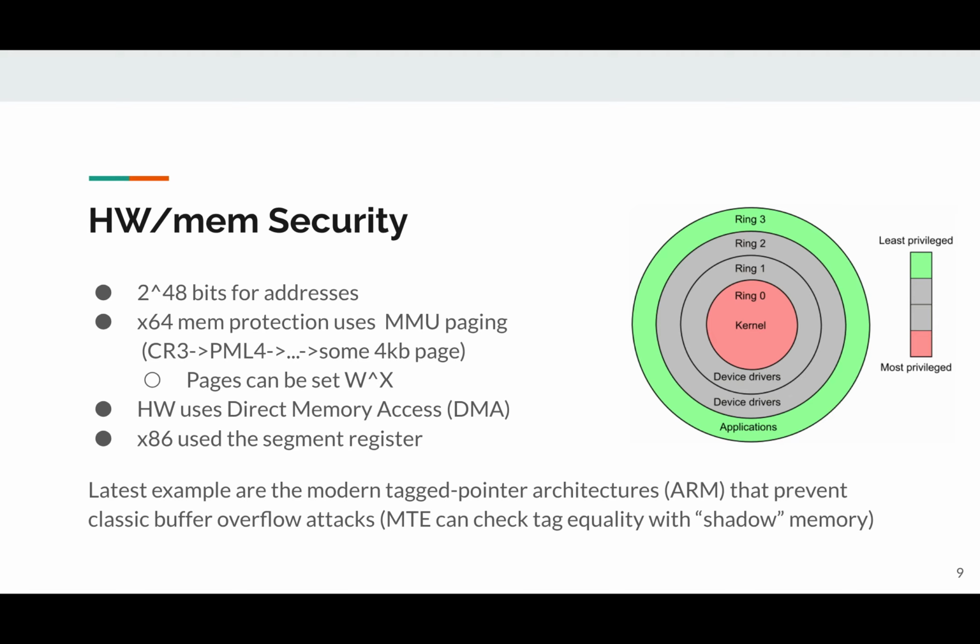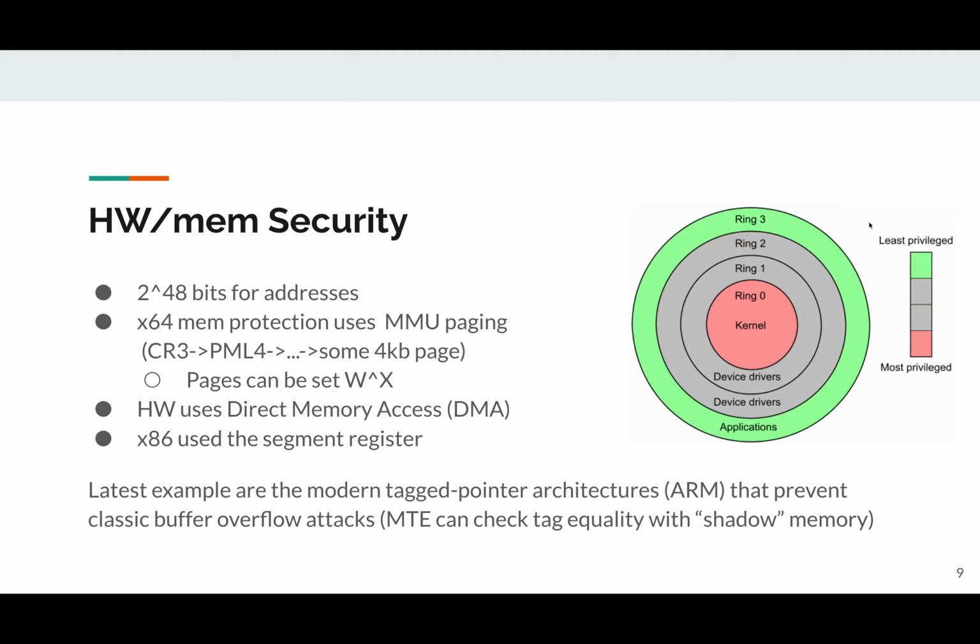So let's talk a bit about hardware security, and we're just going to give a very vague hint here. We're going to talk more about memory security in our memory forensics module, but this is just a very high level picture. You can see a graphic on the right side of the image.